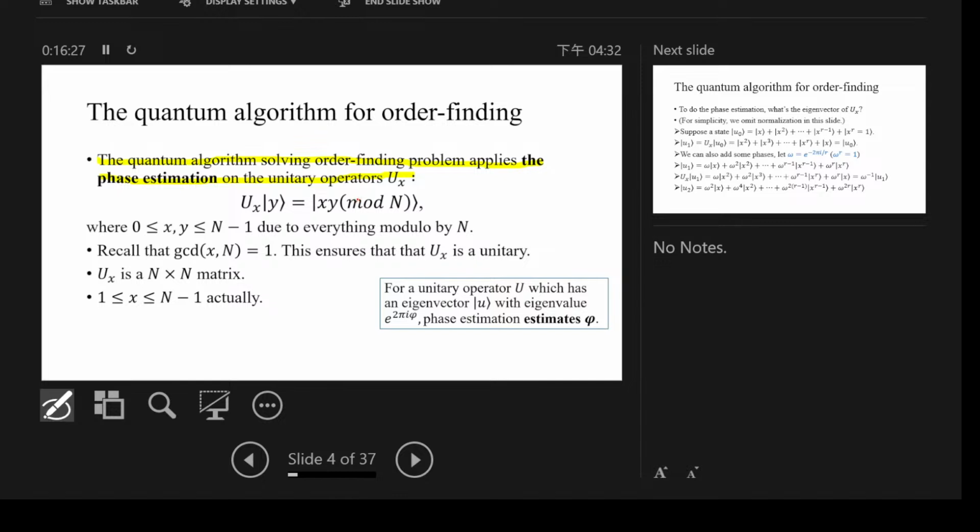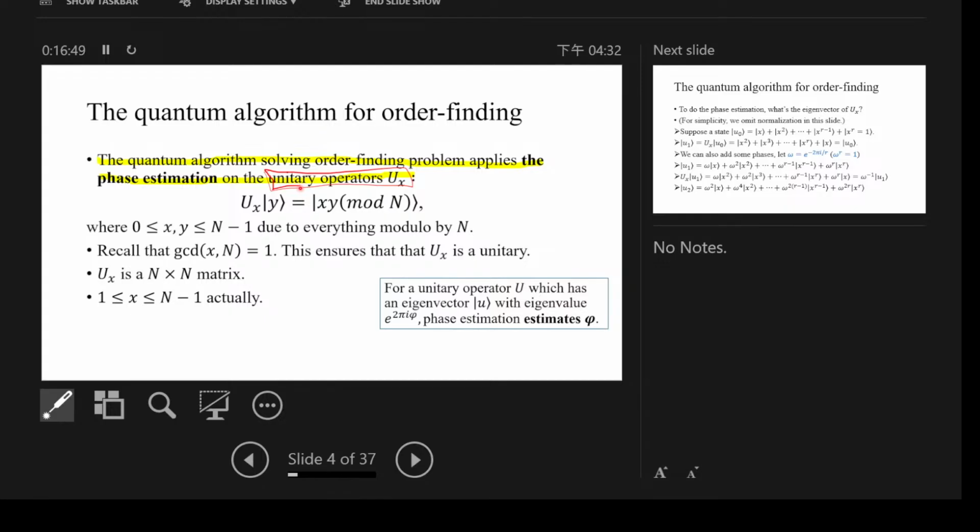The highlight here is this U_x. The important thing is thinking about this U_x, which does multiplication.